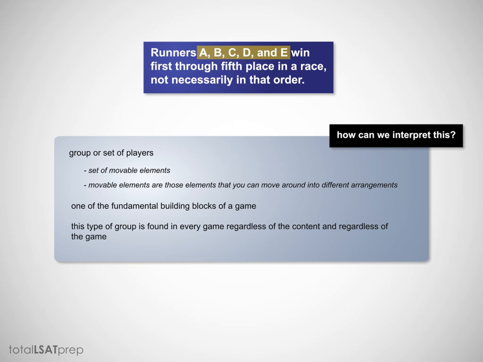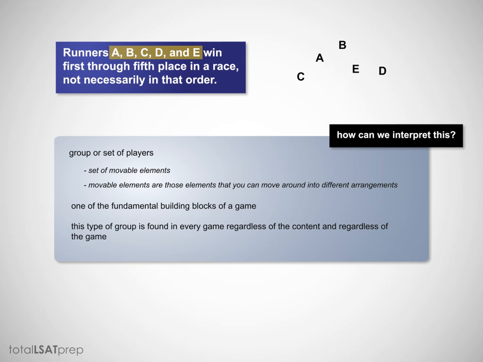And this type of group, the movable elements, is found in every game, regardless of the content of the game. Every game is going to have movable elements. So this is one way of visually representing them. We just have a bunch of runners lying around. We have A, D, B, C, E in no particular order.